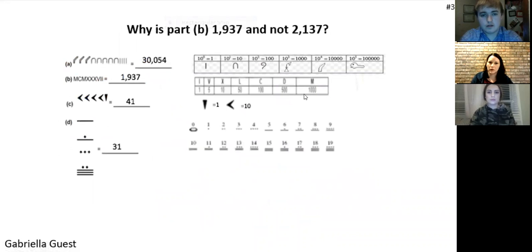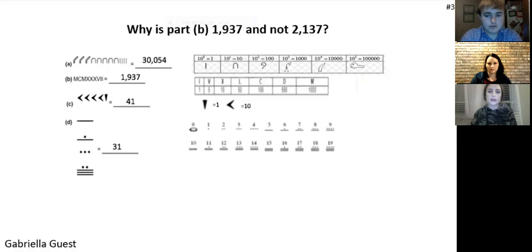Why is part B 1,937 and not 2,137? Okay, so a lot of people might confuse the part B with that number, because if you just look at the key, you can count up all of the numbers and you get 2,137.